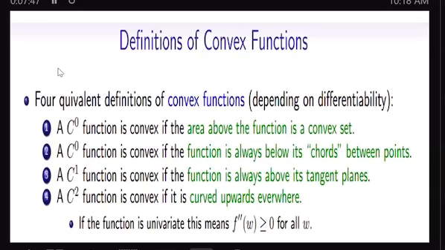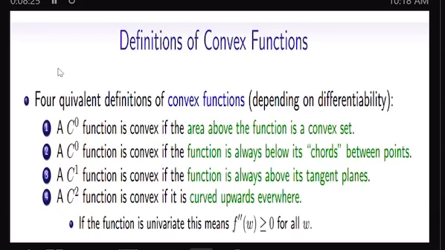C1 means a continuous function with a continuous first derivative. I'm going to say that again: C1 means a continuous function with a continuous first derivative. C2 means a continuous function with a continuous first and second derivative. Does that make sense?